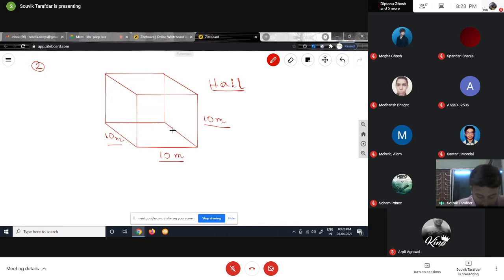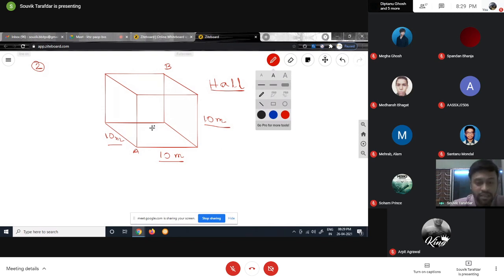Now they are asking about a fly, meaning a makhi. A fly starting at one corner ends up at the diagonally opposite corner. Let us take this corner as A and this corner as B. Let us take the fly started from A and ends at B. They are asking the magnitude of its displacement.